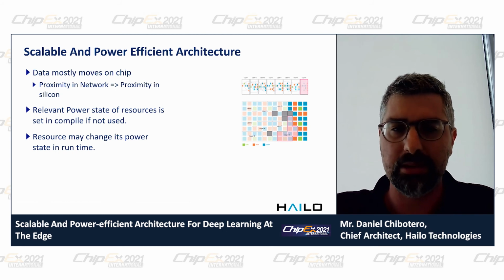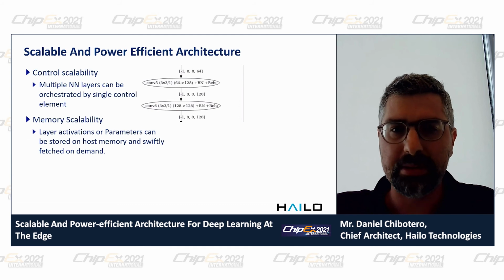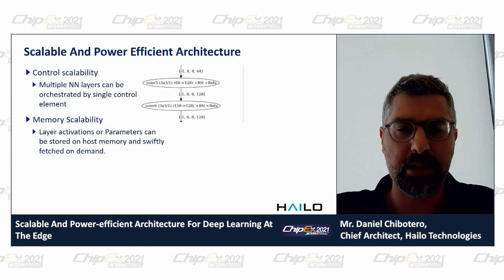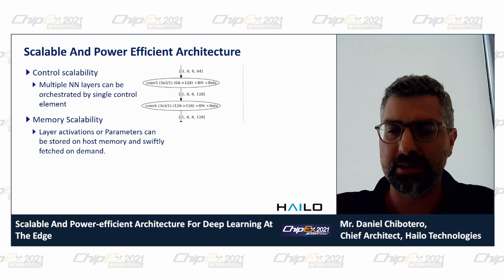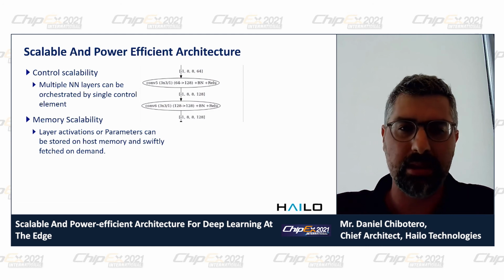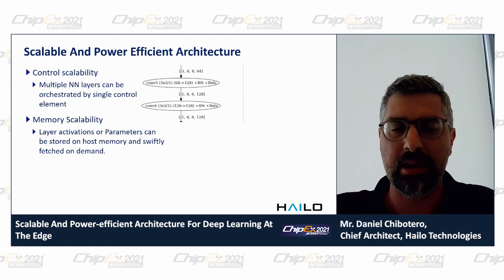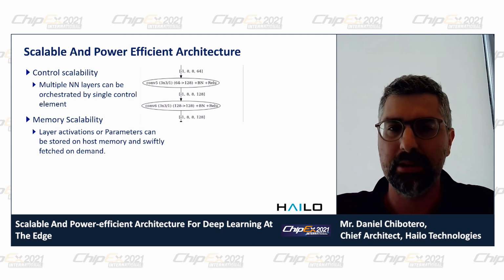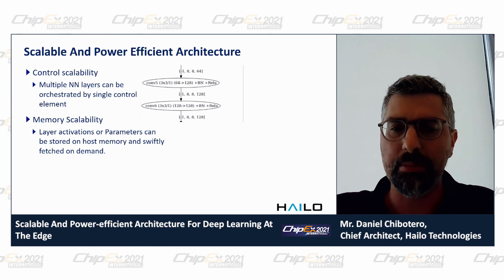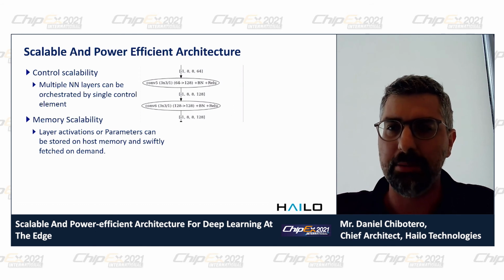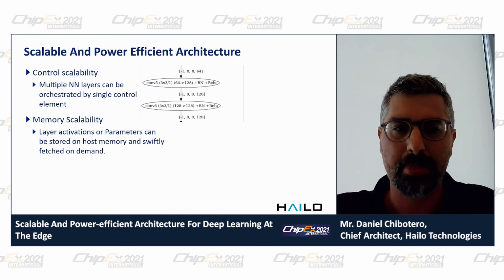In terms of scalability, the two major blocks that may run out in a data flow architecture are the control elements that implement the various layers in the neural network, and the on-chip memory, which may be depleted with high parameter count or high activation bandwidth.